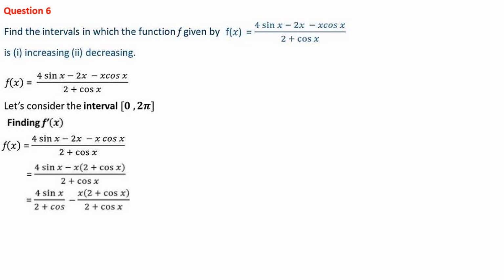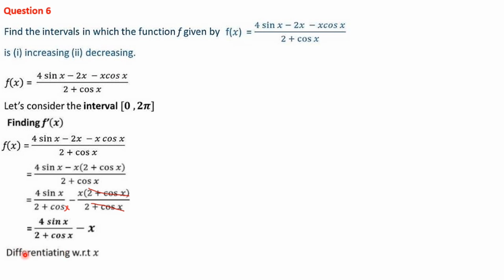Then just split the denominator, 4 sin x by 2 plus cos x. Of course here x is missing, so that x we can put. Then minus x into 2 plus cos x by 2 plus cos x. Now when you check here, 4 sin x by 2 plus cos x, and on the other side 2 plus cos x by 2 plus cos x. 2 plus cos x is gone completely, only minus x is balanced. Now this is a more simplified format.